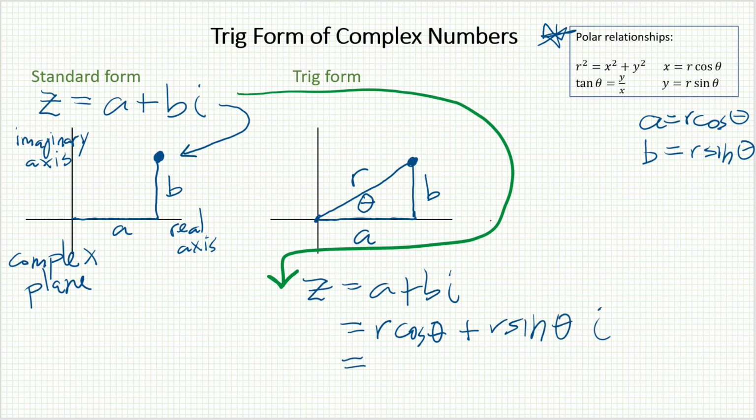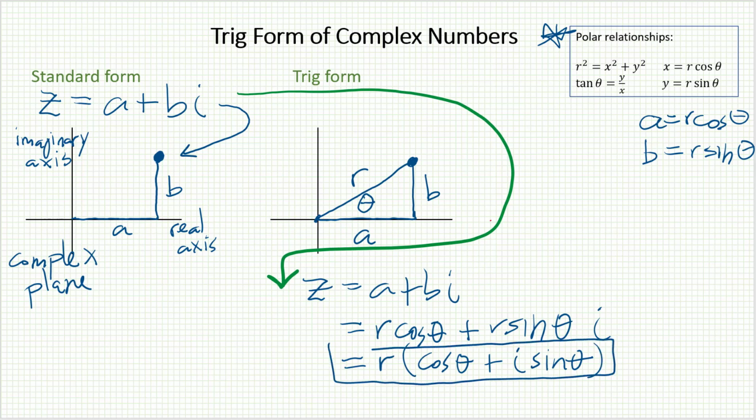I'm going to factor the r out to the front, and that leaves me with r parentheses cosine theta plus, and then we typically write the i in the front, i sine theta. This is called the trig form of a complex number. And it's simply a different way of writing that same number using theta and r instead of a and b.